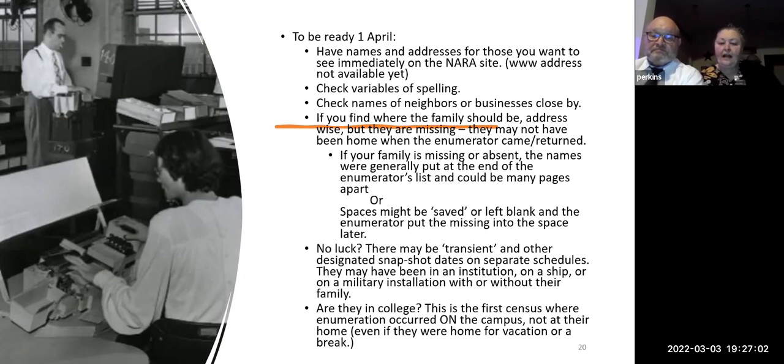So if you want to get your information on the 1st of April or thereabouts, within the first month or two, you need to have the names and addresses of those people you want to see immediately. Brother Hauser, you might want to have your address of where you think you were living when you were just a tiny little one in 1950. When you put it in there, check the variables of your spelling.